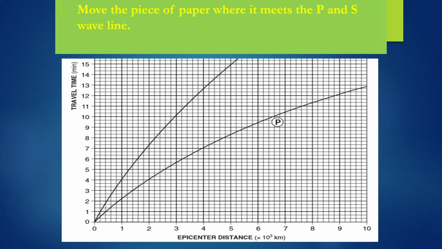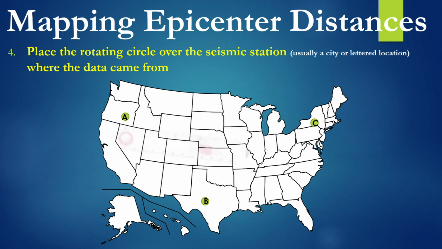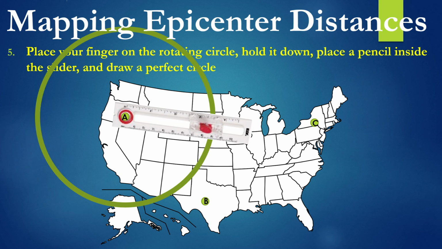We calculated the distance is 2600. So when we draw this circle, it means the earthquake could have originated on any location along this circle.